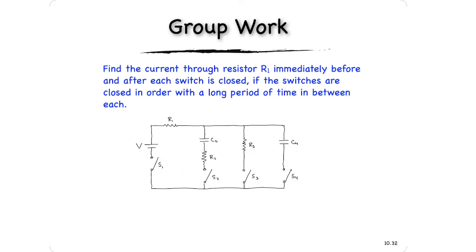So we want to know the current through R1, which is basically the current flowing through the battery. First of all, before we do anything, and then after we close switch 1, and then we wait, and then we close switch 2 so that 1 and 2 are closed, and we ask what's the current, and then we close switch 3 and we ask what's the current, and then we close switch 4 and we ask what's the current immediately after closing this switch.